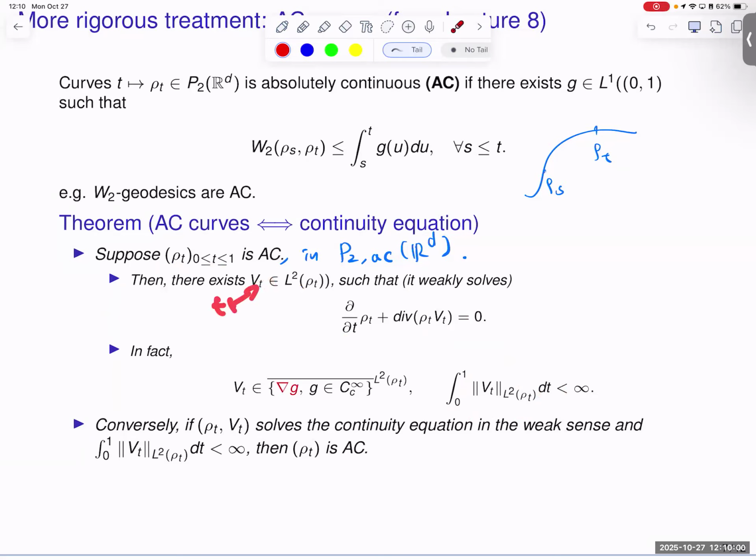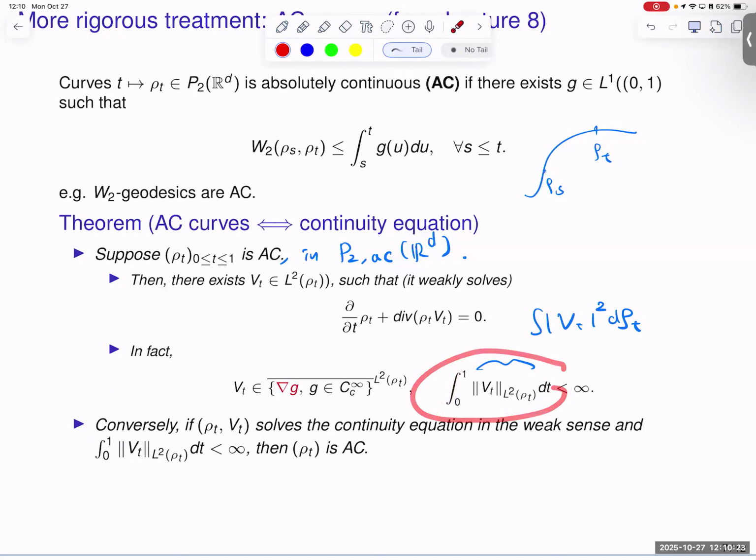For each time you have this vector field, and at each time you compute this L2 norm, the L2 integral with respect to rho_t, and then you integrate in time.